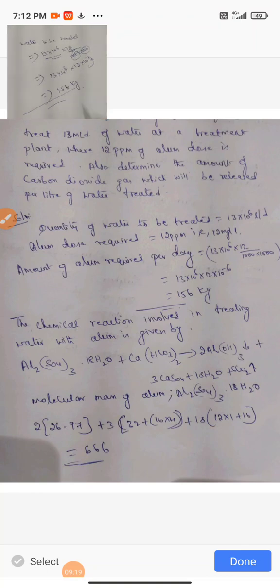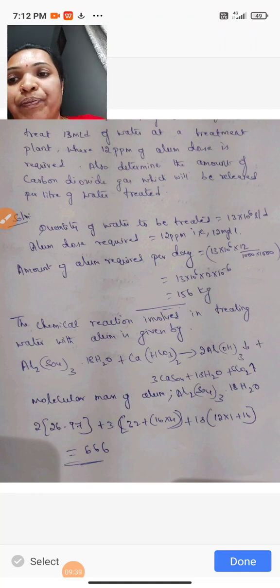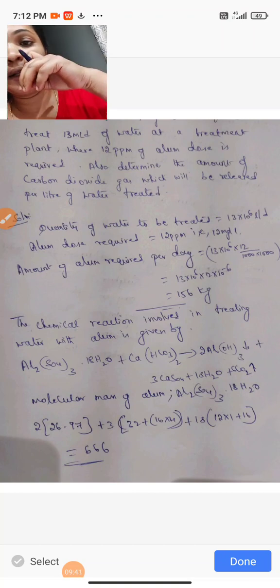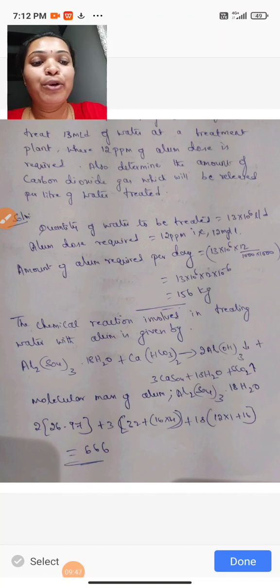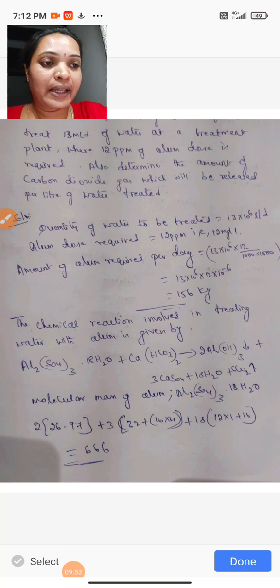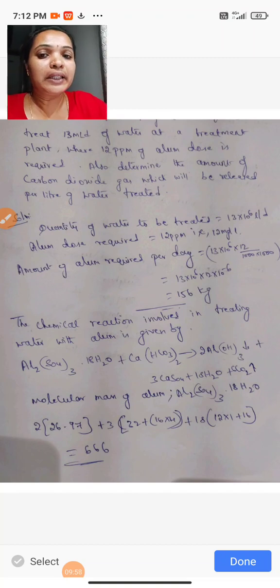So per day, 156 kg of alum is required to treat 13 million liters of water per day. So for the first question, determine the amount of alum required in order to treat the 13 million liters of water: 156 kg of the alum is required per day to treat the 13 million liters of water.